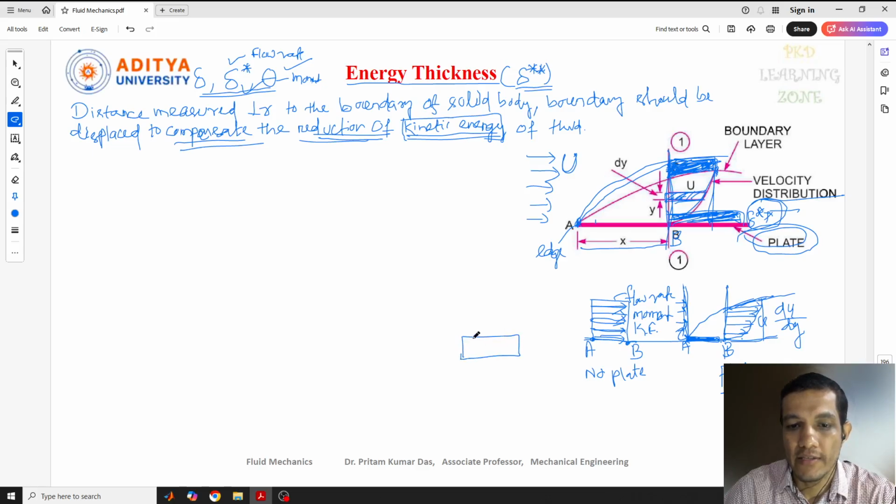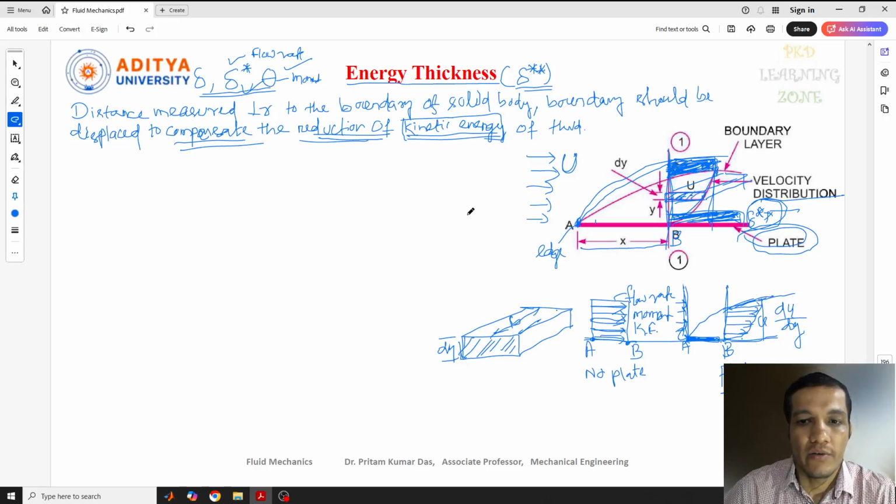This is a small elemental strip with a height of dy. If I draw it in 3D, it is a body object with a width of b. This is the width b, and this is the thickness. Here we have only taken the front part.